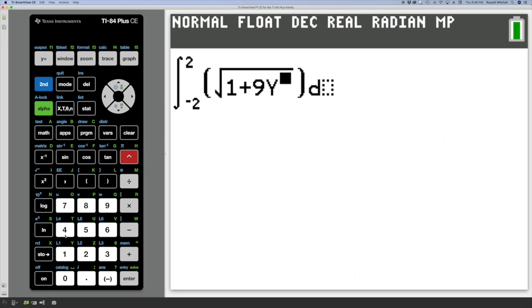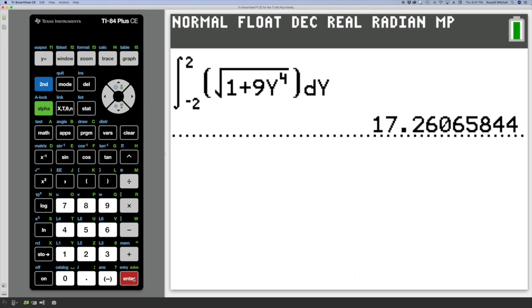Now, if we do it this way, then the dy needs to be dy, not dx, right? So if this is x, we can type dx here. So we have to go back and press alpha 1 to get the y. And if we press enter, we'll have our answer. So 17.261, and 1 because the 6 is going to cause the 0 to round up by 1.